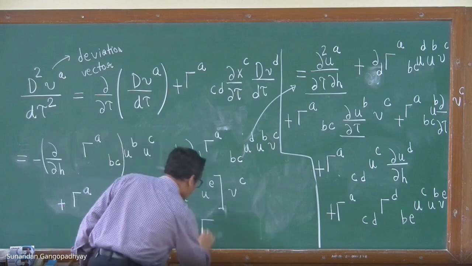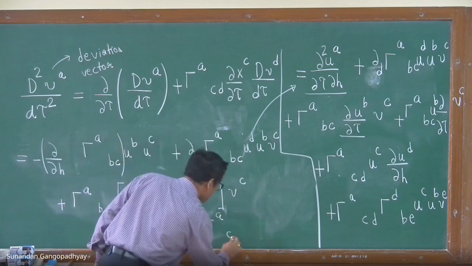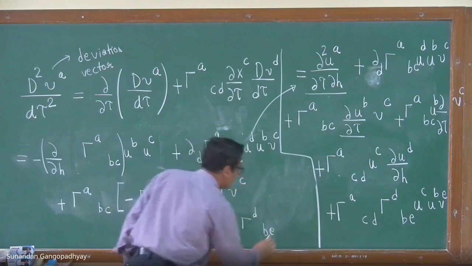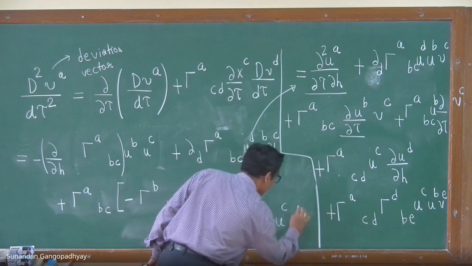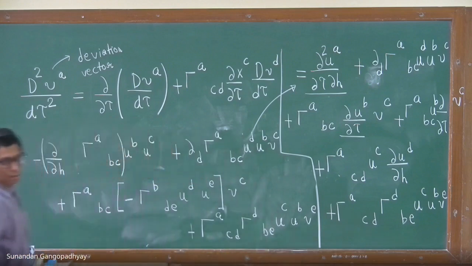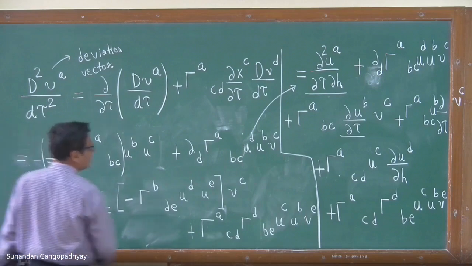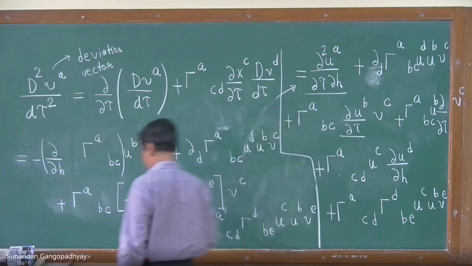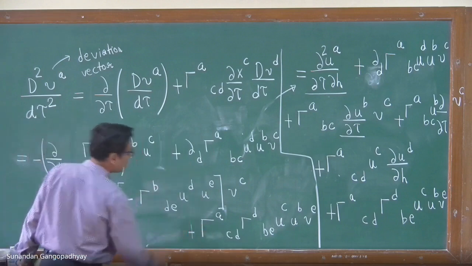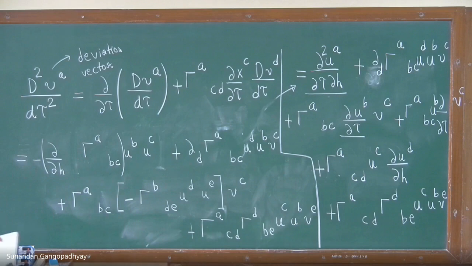This is plus gamma A, C, gamma E, D, C. Okay. So after all these manipulations, we are left with 1, 2, 3, 4 terms. We have 4 terms. And you can see what it means actually, right?